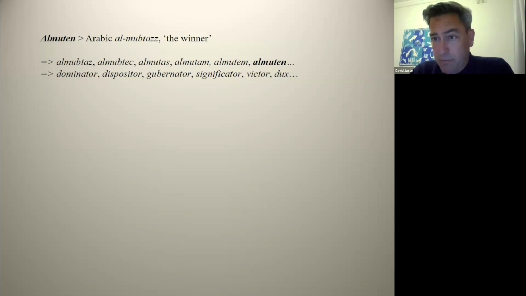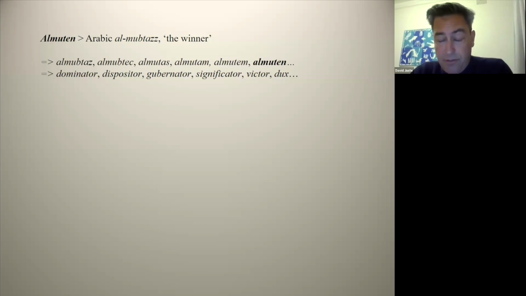But believe me, the most common form of the word in Latin is almuten. And the fact that the Z became an M or an N is not surprising. It's not a mistake in transliteration, but rather a mistake in copying, because in Latin paleography, the Z and the M as the last letter of a word can be easily confused.